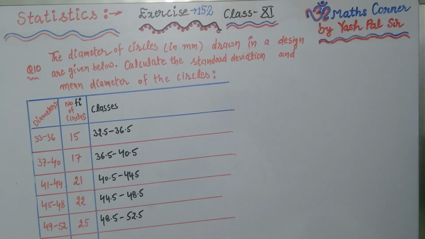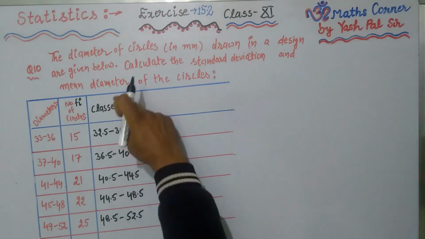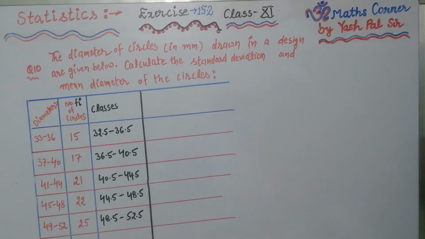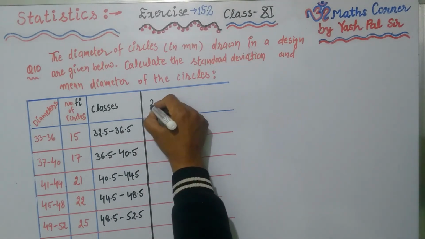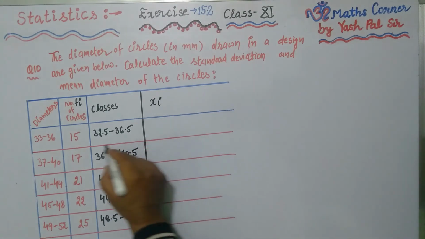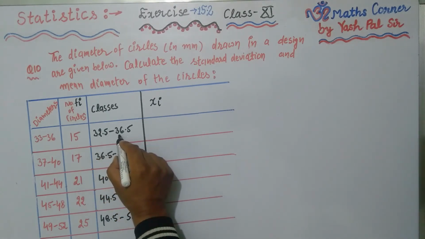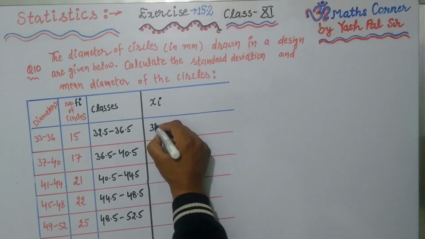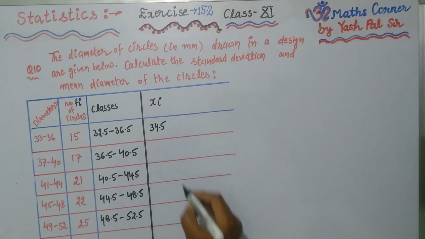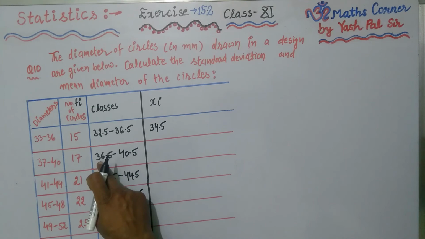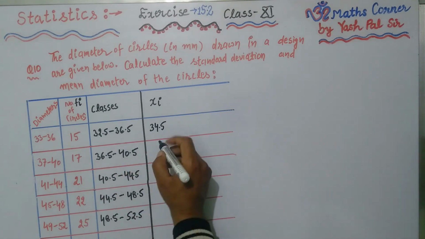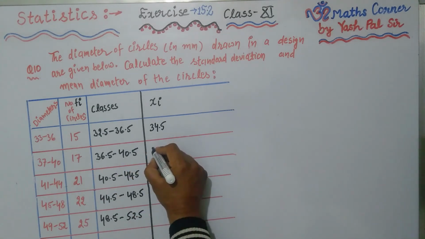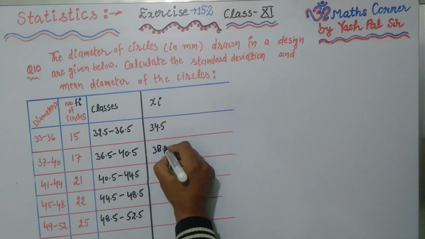Okay, now we find the midpoint of these new class intervals. Midpoint we name as xi. For 32.5 and 36.5, the midpoint is 34.5. Similarly, the midpoint of this will be 38.5.